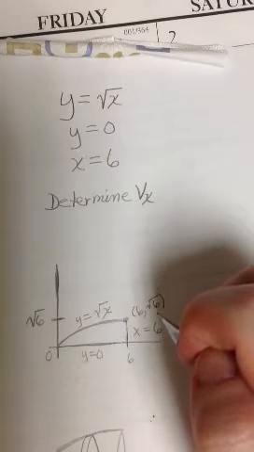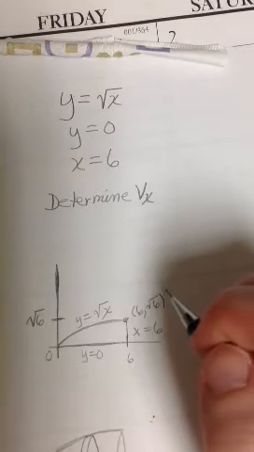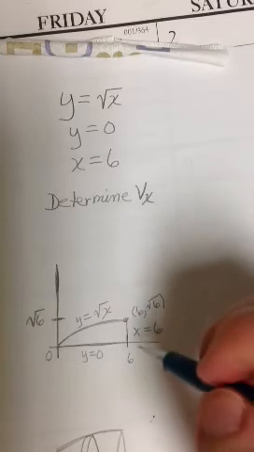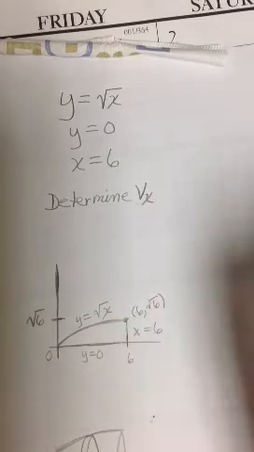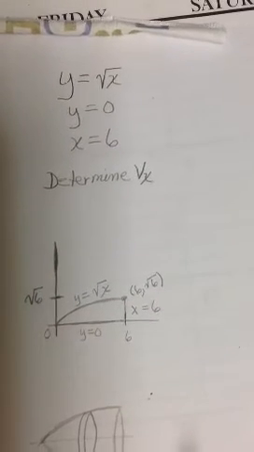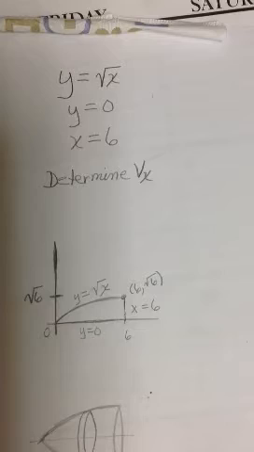We're looking at determining the volume of the solid generated about the x-axis. And you can think of, once again, an equal half mirroring on the other side of the x-axis.